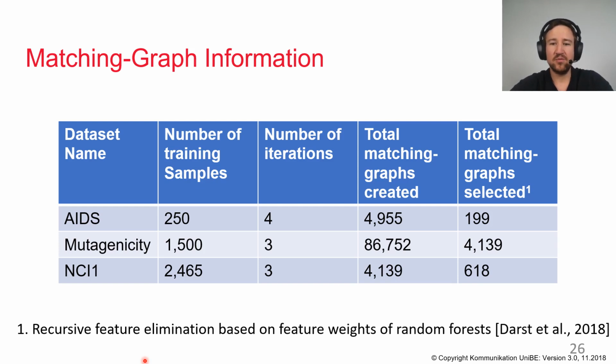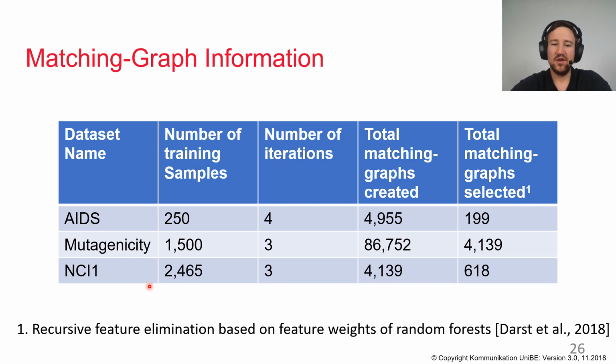On this slide, I will use matching graphs and features interchangeably, because after embedding a graph in the vector space, the matching graphs basically become features of ones and zeros. And for the feature selection here, we used a standard algorithm, which was like a recursive feature elimination based on feature weights of random forests.